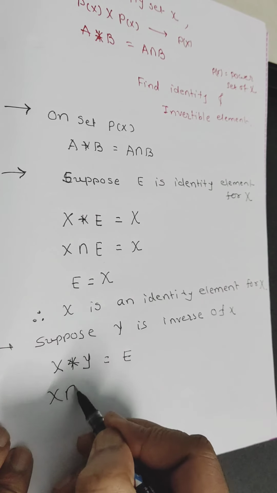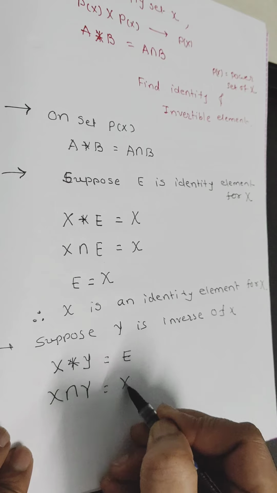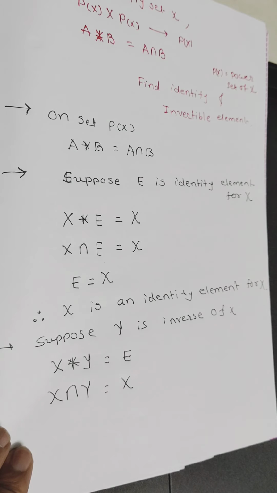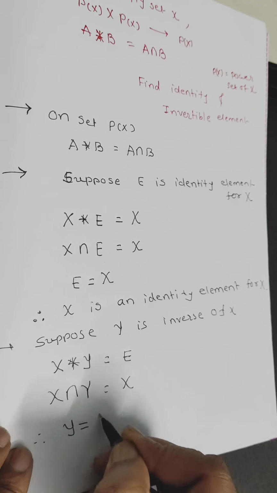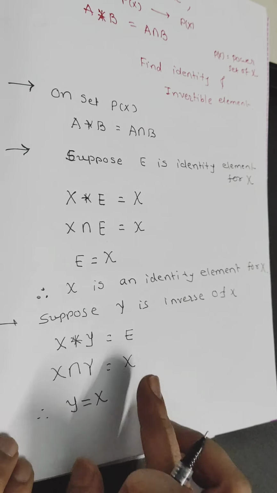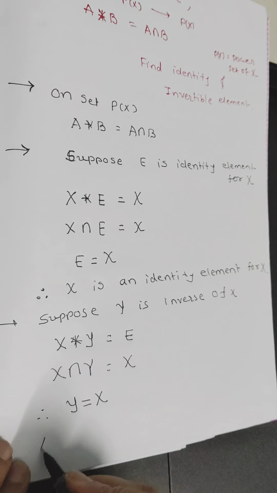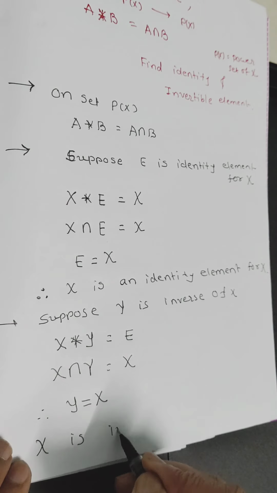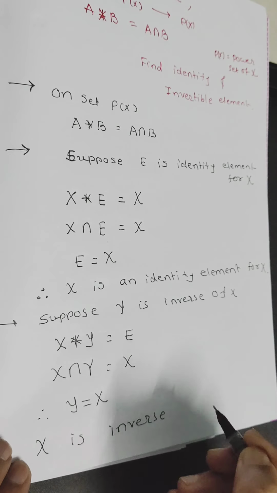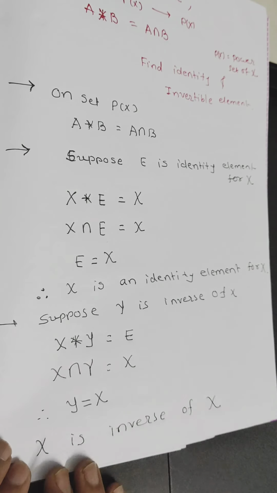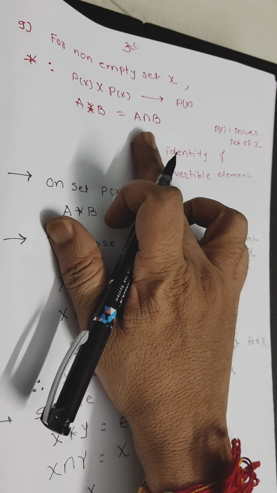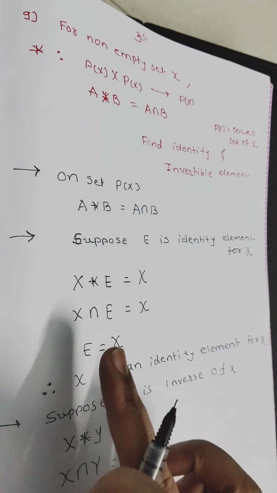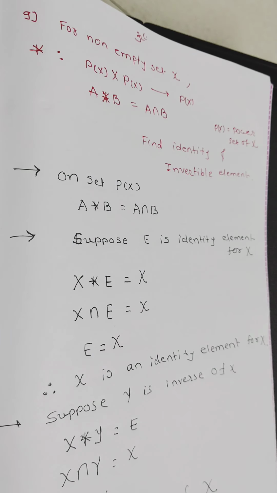So X intersection Y is equal to X. The answer will be X only when Y is equal to X. So X is the inverse of set X. So for intersection, the identity element is also X and the invertible element is also X.